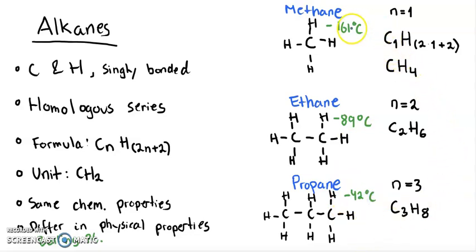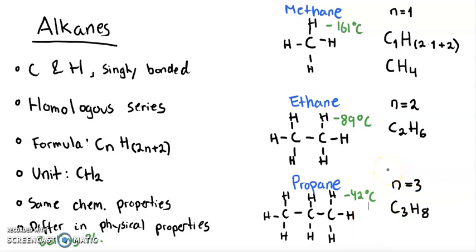So what we see is that all of these have a pretty low boiling point, but it increases. We started at negative 161, and it becomes a little bit warmer and then a little bit warmer again. If we move further up this homologous series, we will have an even higher boiling point.